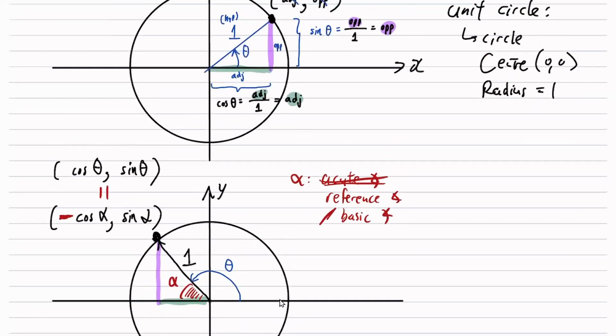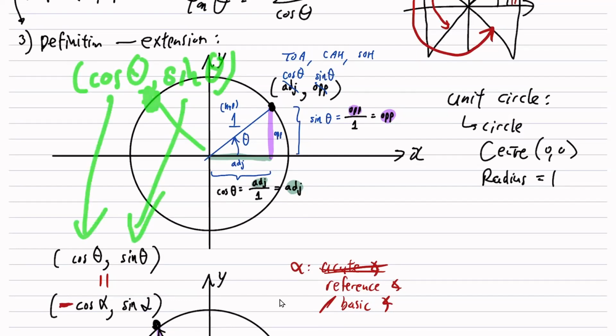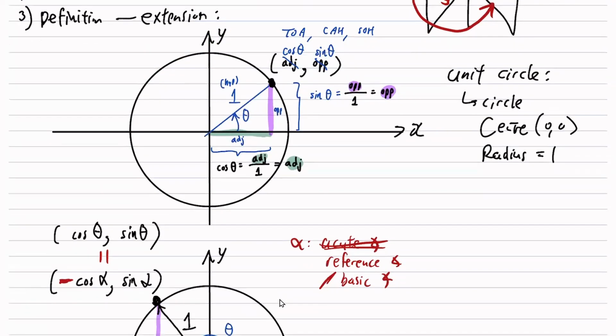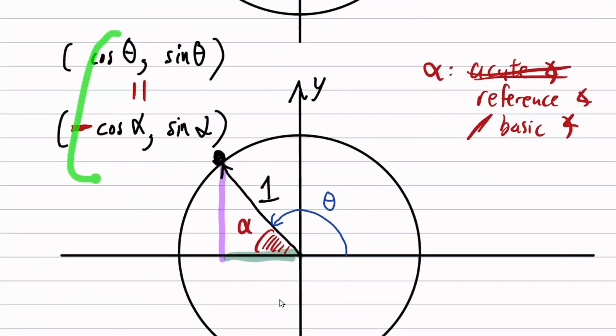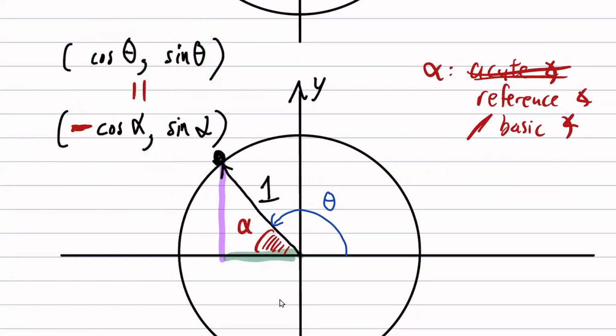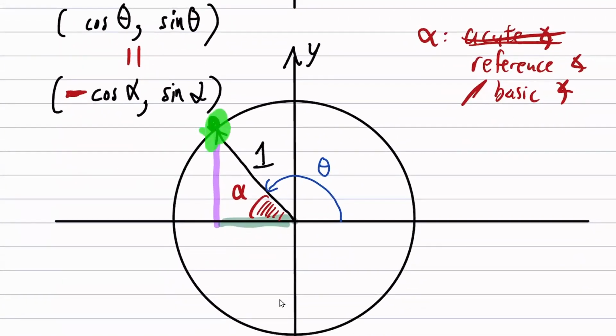Just like the pattern from before: x coordinate cosine, y coordinate sine. Why don't we just stick to the same pattern? Even when we move a bit more, the cosine and the sine still remain the x and y coordinates. But you realize cosine theta is now negative cosine alpha, and sine theta is sine alpha. That's a bit funny, but either way, it will still be the coordinates of that point.